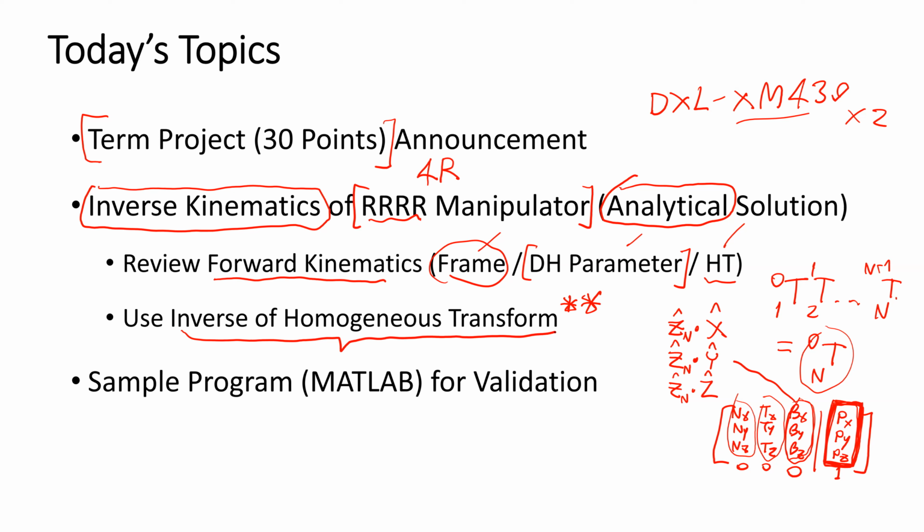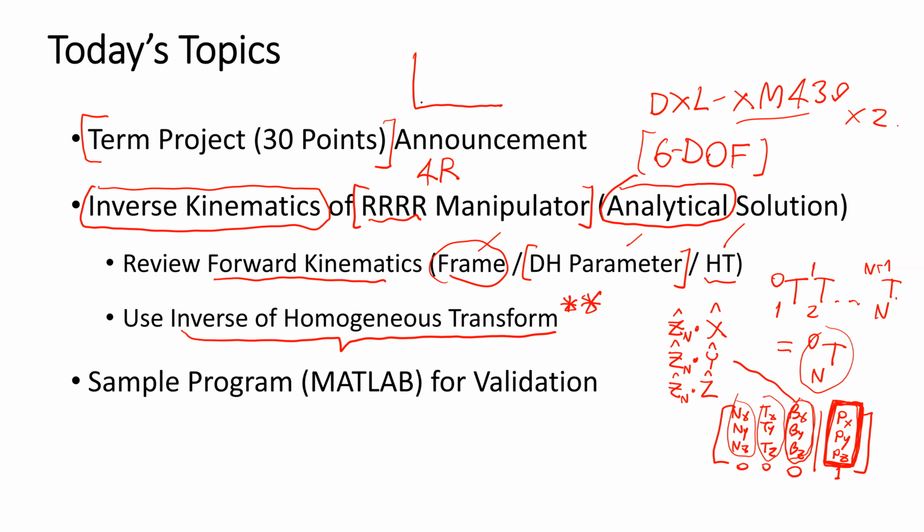Of course, for the inverse kinematics of different types of robots, we can obtain the analytical solution in many possible ways. But the method that I'm going to teach you today is one that we can apply to maybe a 6 degree of freedom or multiple degree of freedom robot.